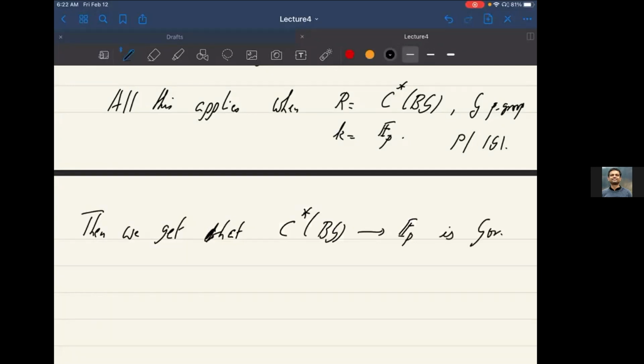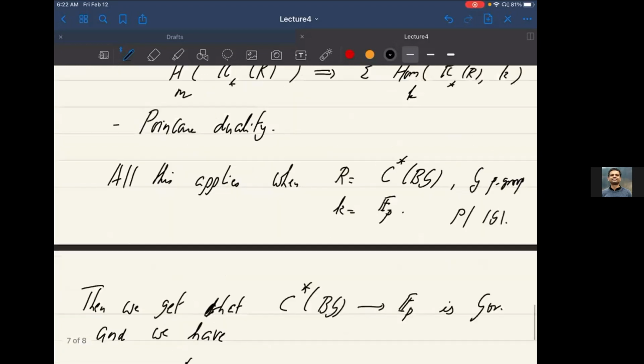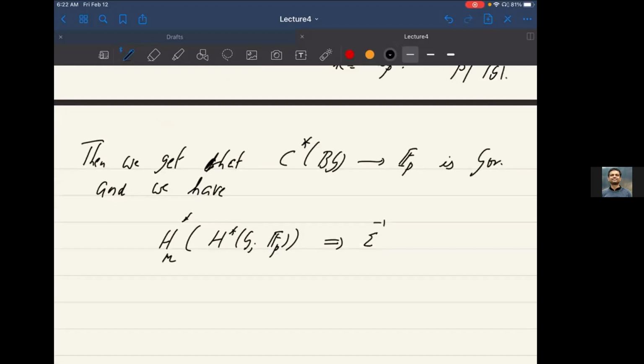This is Gorenstein, and we get what's called a local cohomology spectral sequence going from the local cohomology of the cohomology of this ring, which is group cohomology, converging to, well, it turns out here the suspension is, I think, -1, group homology.